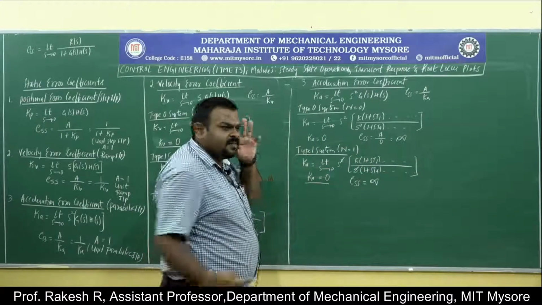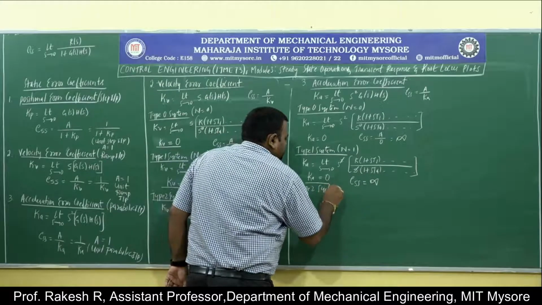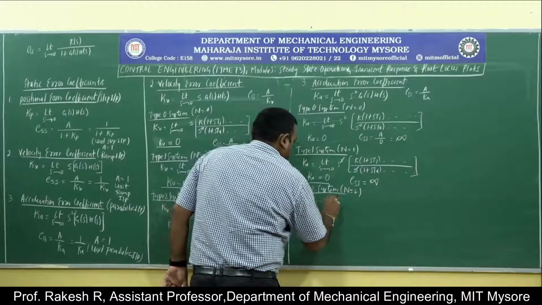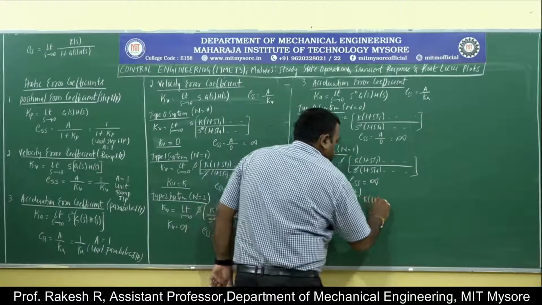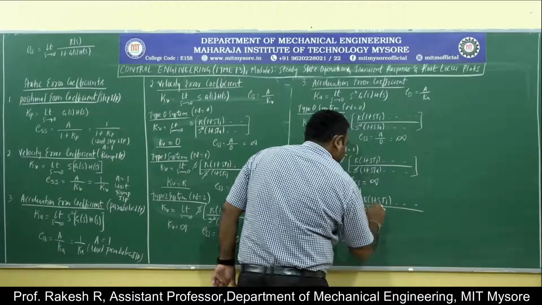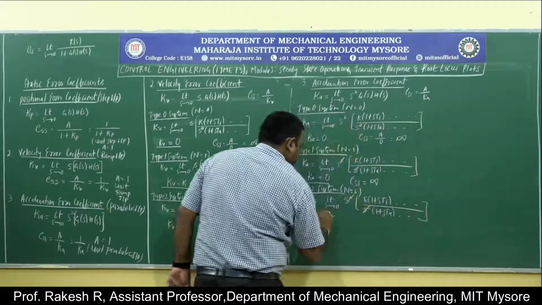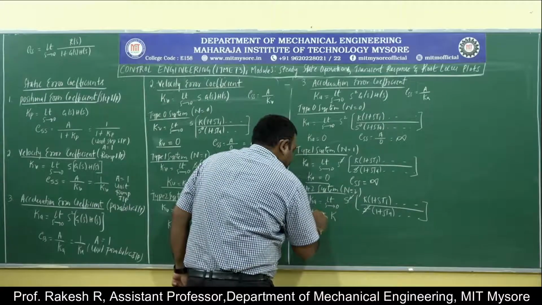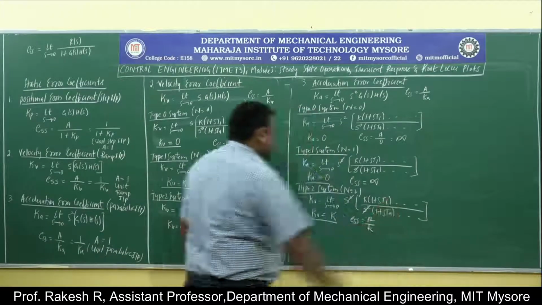Directly I am writing. Next, type 2 system, n is equal to 2, Ka will be equal to limit of s tends to 0, s square, K into (1 plus sT1), etc. divided by s square, (1 plus sTa), etc. So s square will get cancelled. If you apply the limit, only the constant will exist. So steady state error will be equal to A by K.